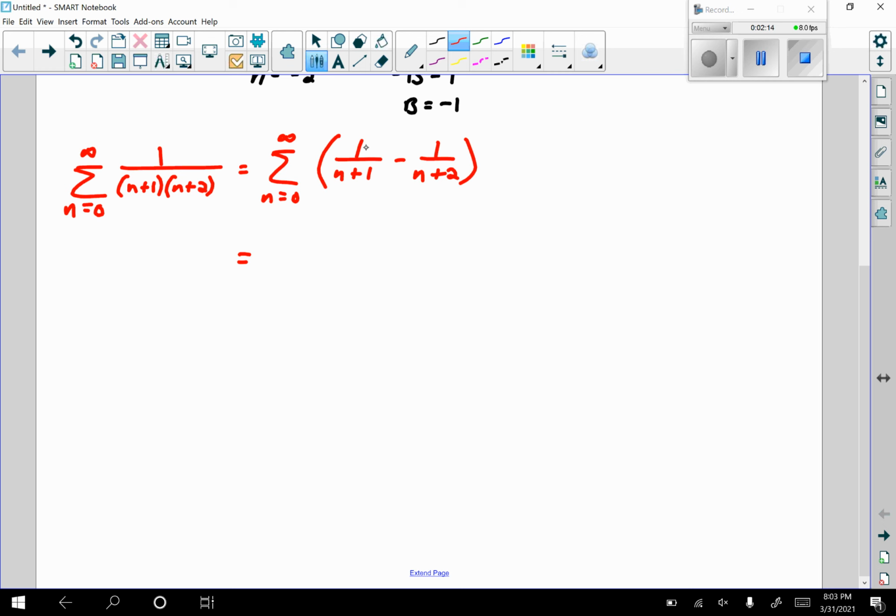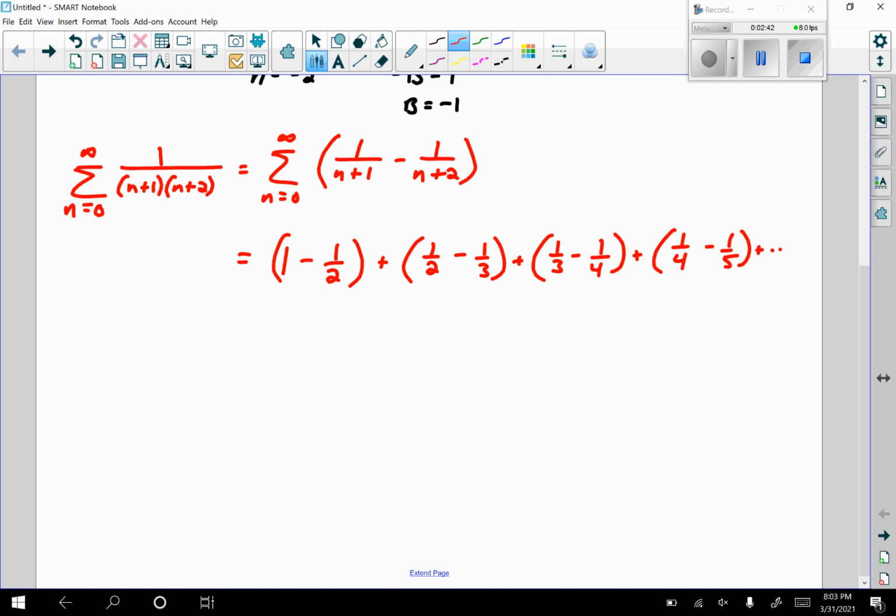So if n is 0, we're first going to get a 1 over 1, so we'll get a 1 minus a 1/2, and I want to kind of keep that together here. Then if n is 1, we're going to get a 1/2 minus a 1/3. And let's continue this out a few more times. Next, if n is 2, we're going to get a 1/3 minus a 1/4. Then we should get a 1/4 minus a 1/5, and so on.